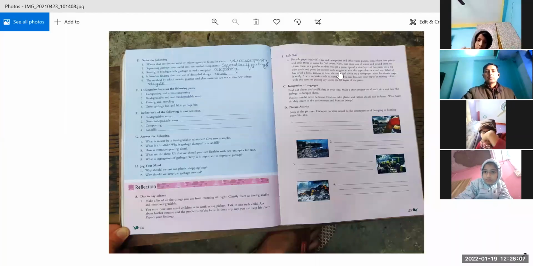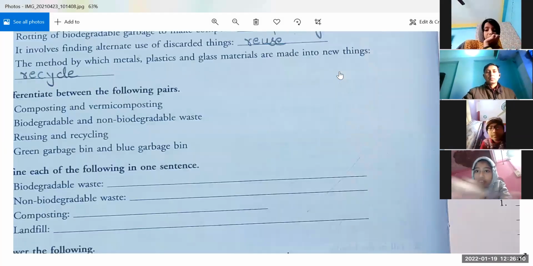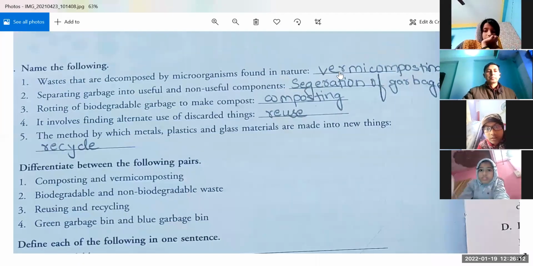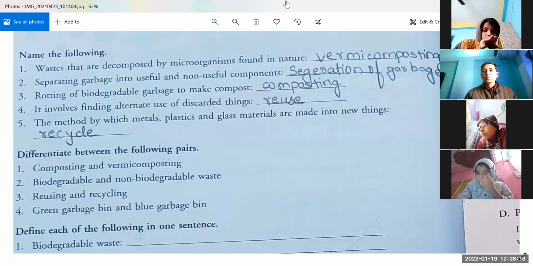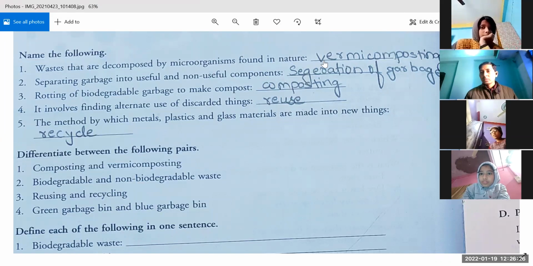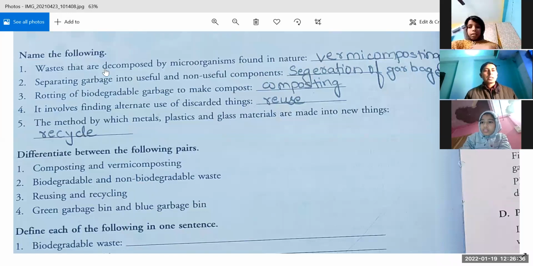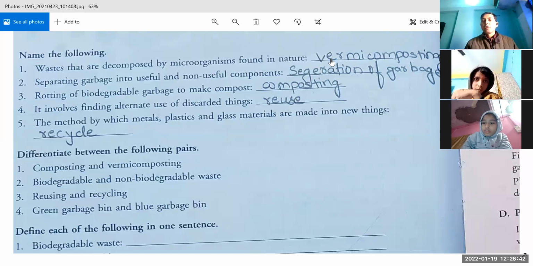Are you able to see the book? Yes, sir. Okay, right answer.